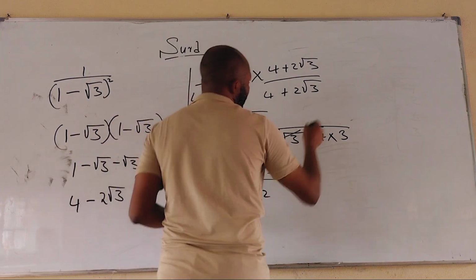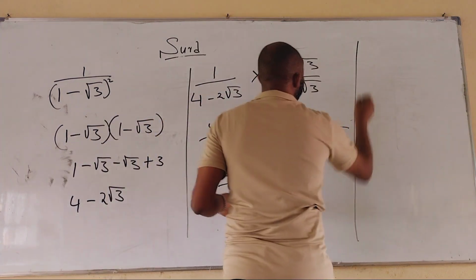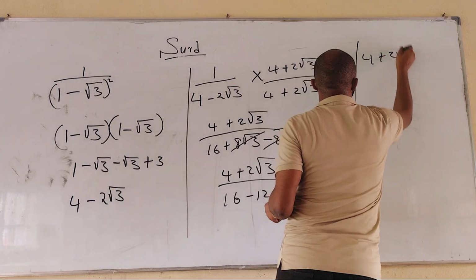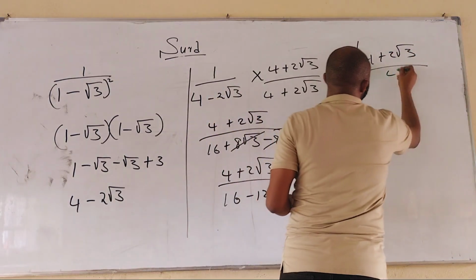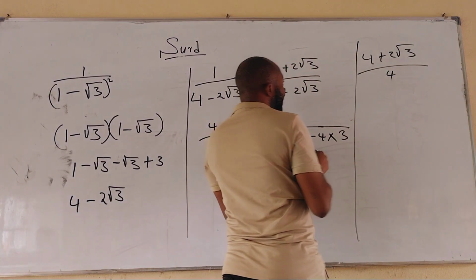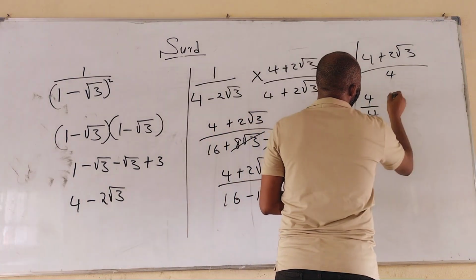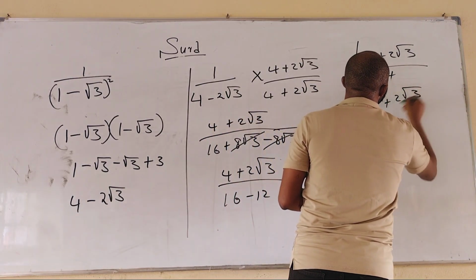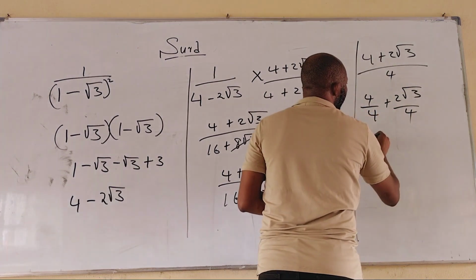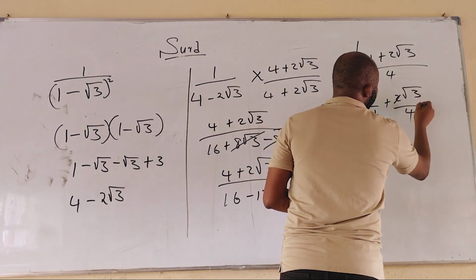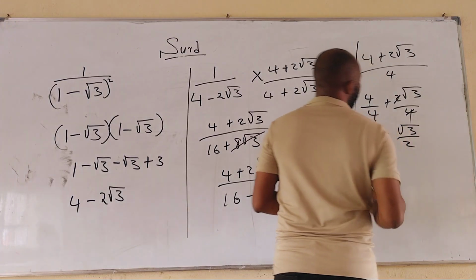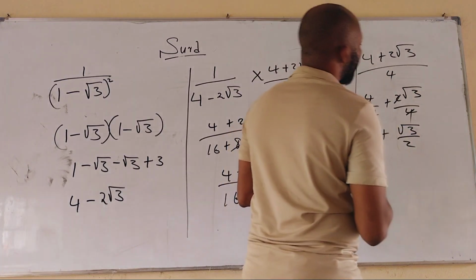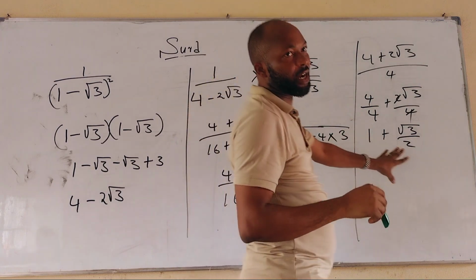So I can easily come here: I have 4 plus 2 root 3 over 4. This is the same thing as 4 over 4 plus 2 root 3 over 4. And this is 1 plus root 3 over 2. So in this sense, this is our final answer.